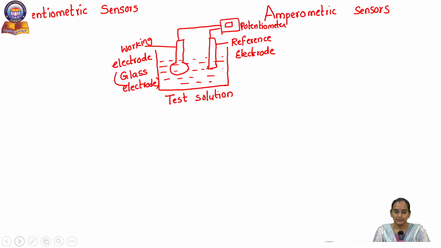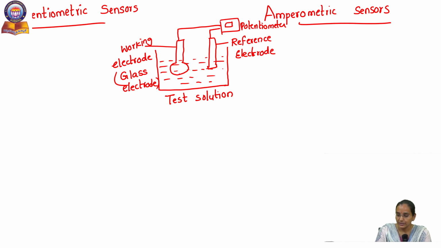We will discuss these two types of sensors: potentiometric sensors and amperometric sensors. Here we have two electrodes. One will act as the working electrode and the other will act as the reference electrode. These two are connected to the potentiometer, which has the display, and it will show the difference in the potential.